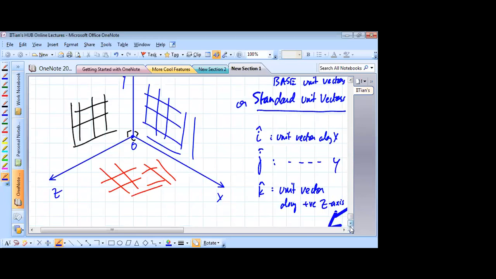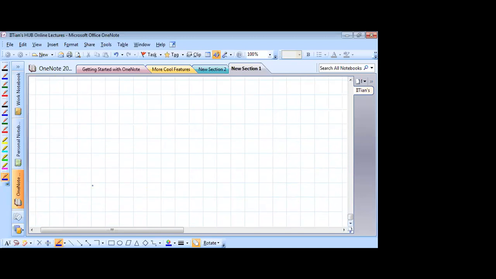So any vector is now expressed in this form: Ex i cap plus Ey j cap plus Ez k cap.